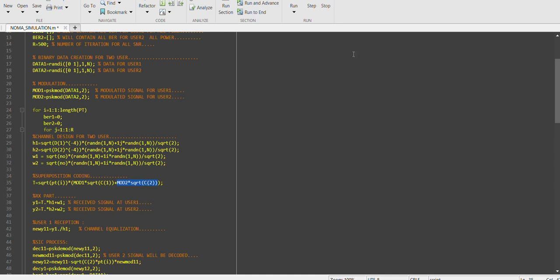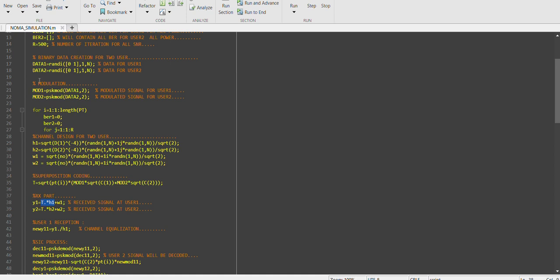After that, at the receiver side, both users will receive their respective signal. So y1 is the received signal at user 1. Now how to get this y1? You know that for any wireless communication channel, the received signal Y is the signal multiplied with its channel coefficient plus noise.